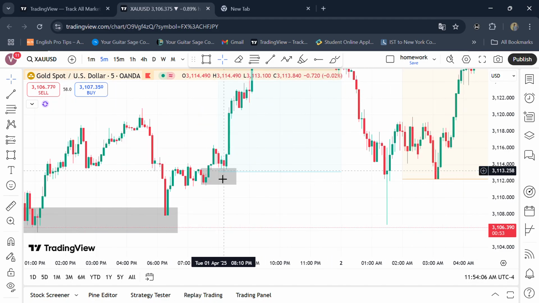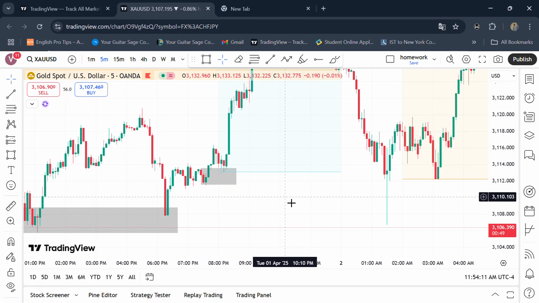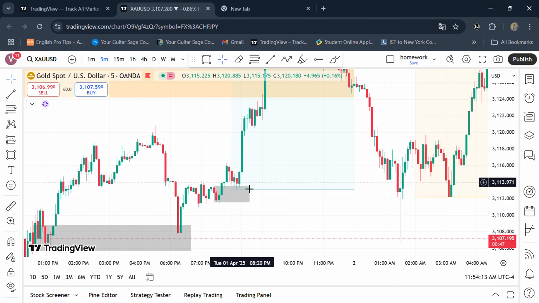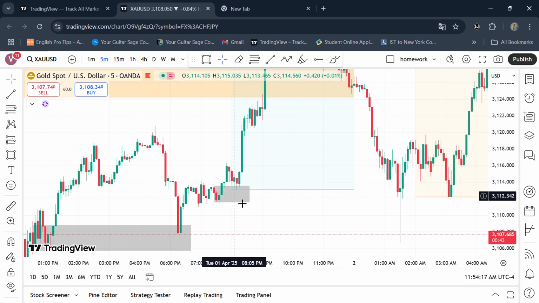So I have marked the 5-minute order block as well as its FVG. You will see in the beginning of the Asian session, the price took this order block as a support.